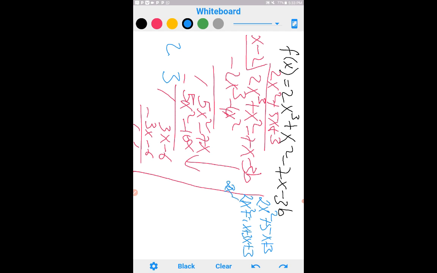So you have x plus 1. Then here you factorize 3. You also have x plus 1. So now it means you have 2x plus 3. Then you have x plus 1.